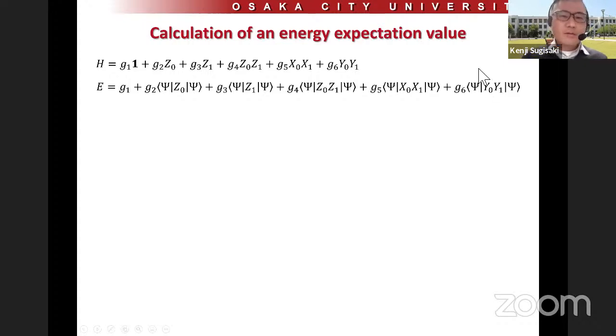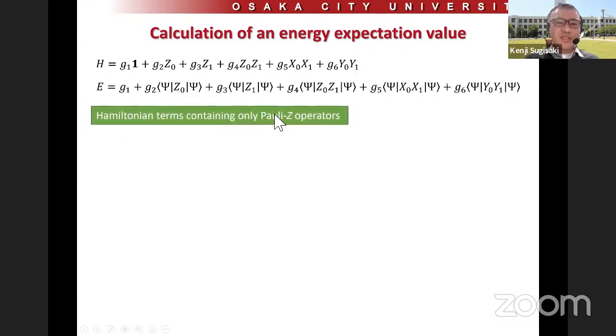The expectation value can be calculated in a statistical manner by applying the wave function preparation and following measurement many times. Because the quantum computation is performed in the Pauli Z basis, the evaluation of the expectation value of the operators containing only Pauli Z terms is very easy.